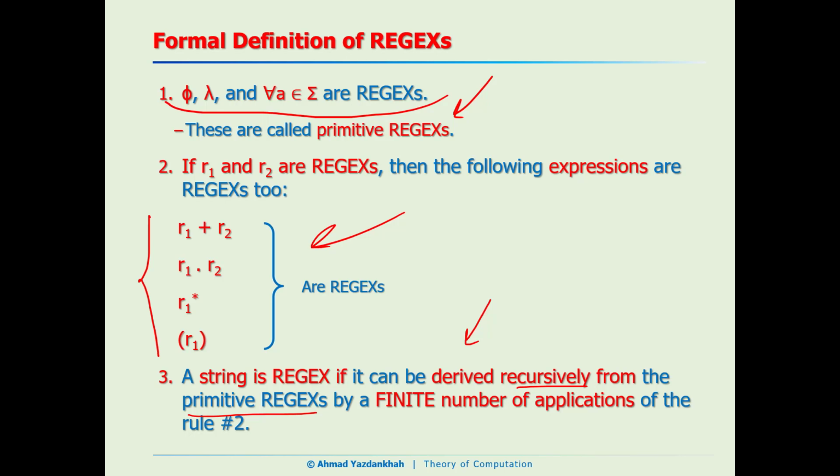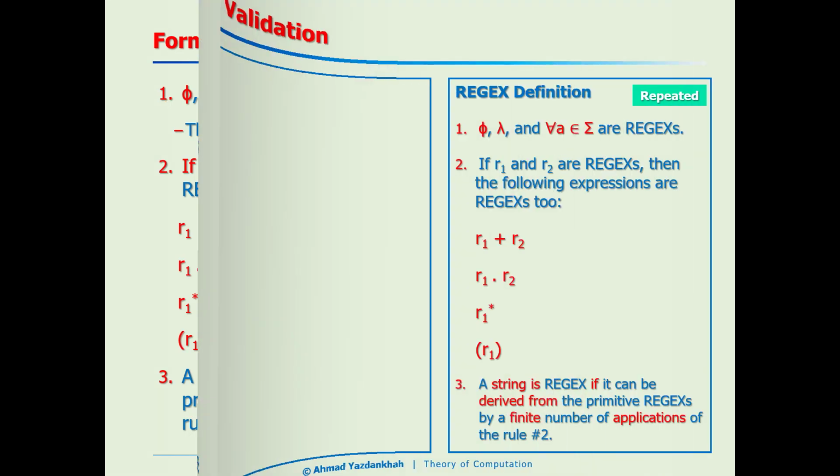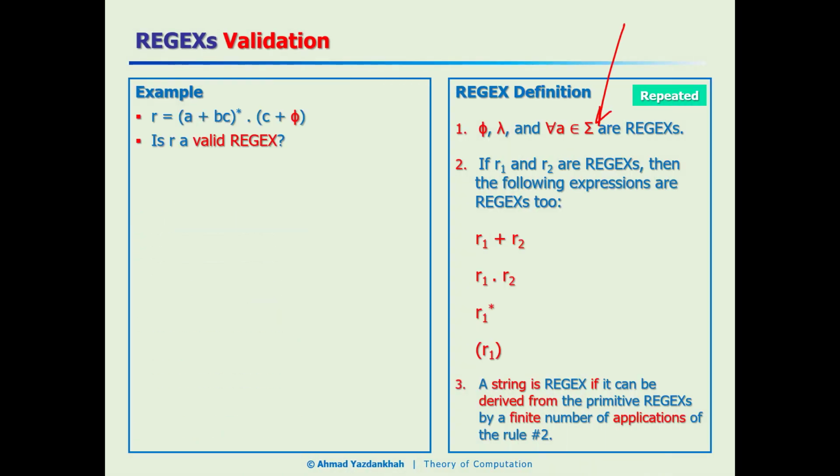Let me take an example to clarify what I said. These are the rules; I repeated them here to keep an eye on them. And now the question is, is this a valid regex? Based on these rules, let me start from here. Is A a regex? Yes. Is B a regex? Yes. C, and phi? Yes.